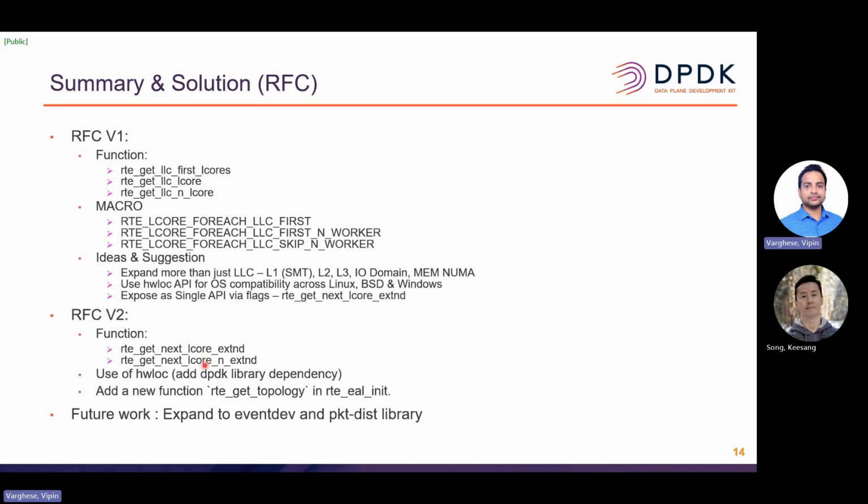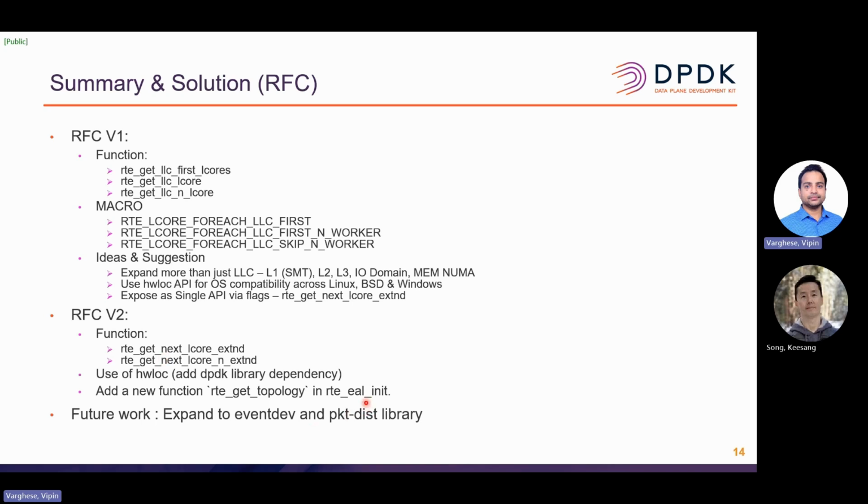But this would add an extra dependency on the hwloc library. For the time being, we are thinking that we'll use pkg-config to identify whether the hwloc library is present or not. If it is not present, we will go with the traditional approach, the older approach, where all these APIs would behave as if it is rte_get_next_lcore. That's the current plan. So let's say we have the library, we compiled it and our application, and ran it.